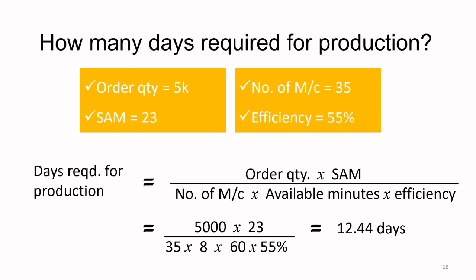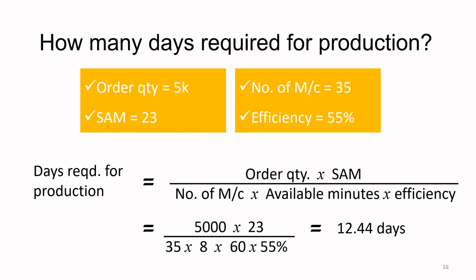Now we divide it by the number of machines available, which is 35. And because it is 8 hours of working every day, we divide it by 8, and of course, into 60, because every day we have 8 hours, and 8 into 60 is 480 minutes.